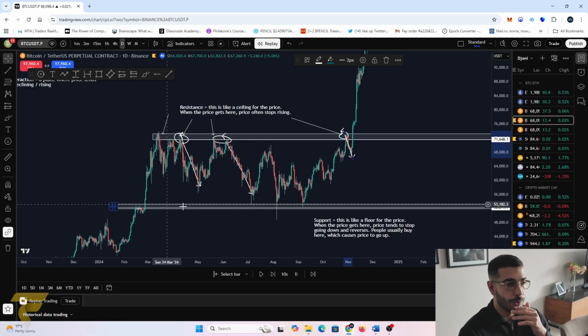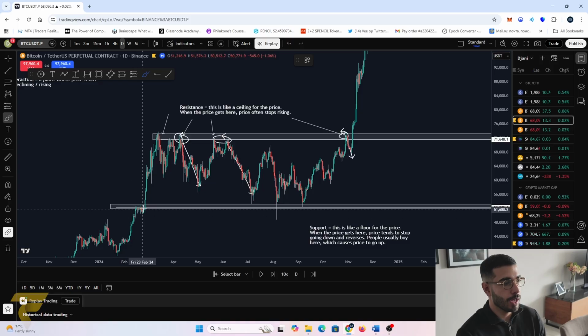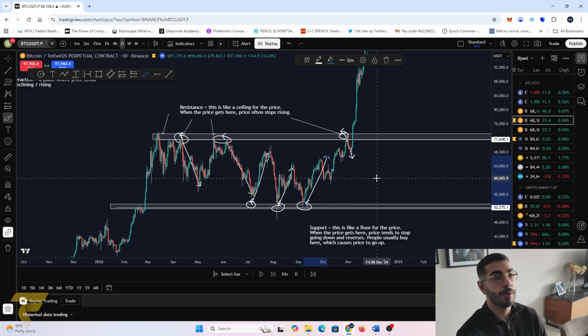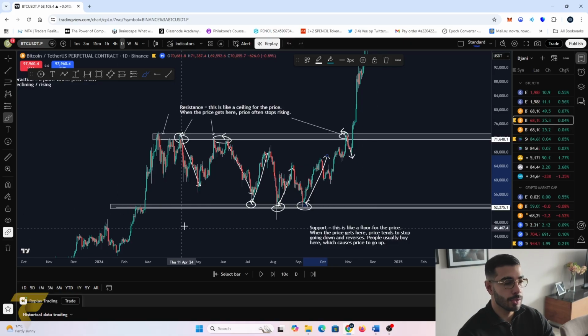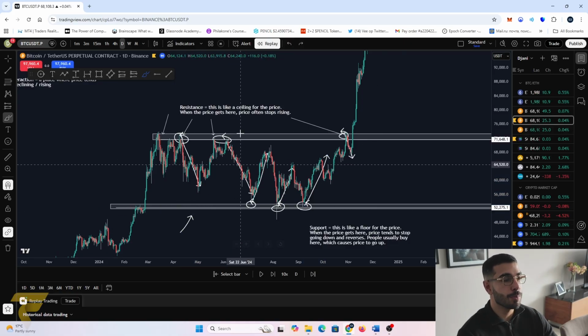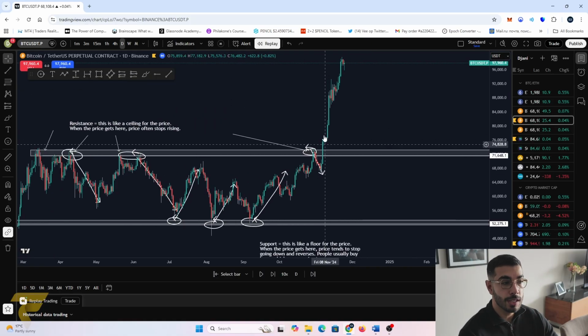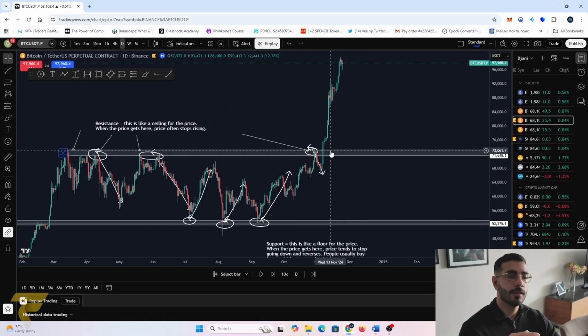But this is also, of course, the case for the support. Whenever we have this bottom box or this floor, it hits the box, it goes up, and it goes up. And eventually you stop ping-ponging, because let's say these are the two key major levels or zones. The one at the bottom obviously is support, and the one at the top is resistance. But eventually, as you can see, this is not infinite. At some point, price just breaks through.